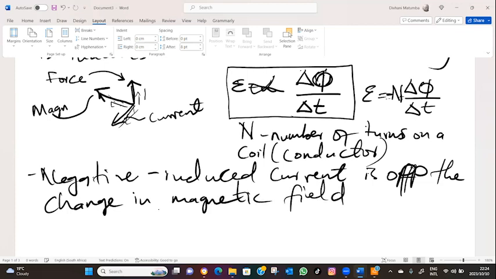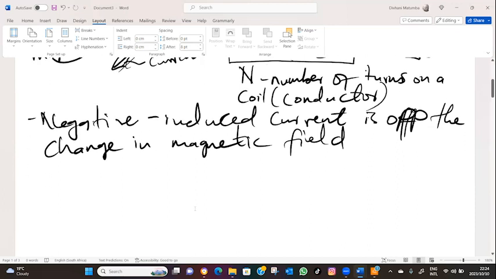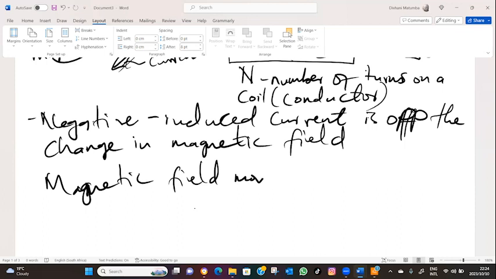Okay. All right. Now, what we know about the magnetic field is that it moves from north to the south pole.